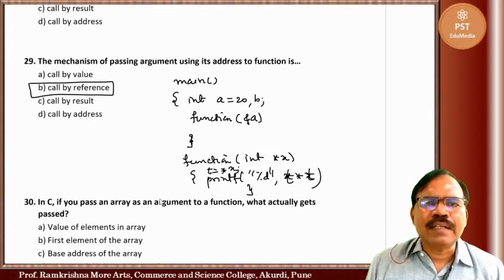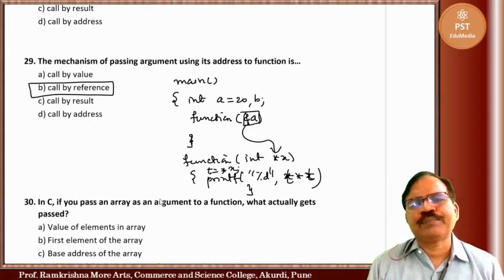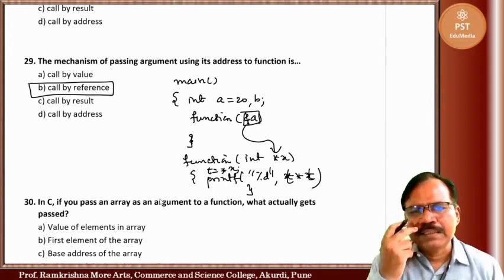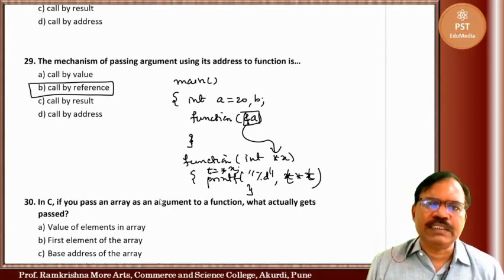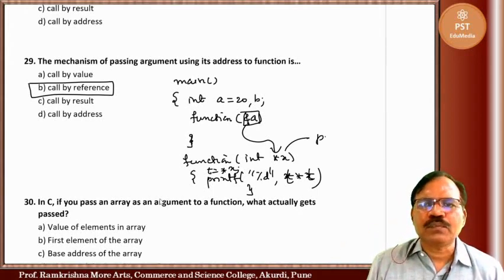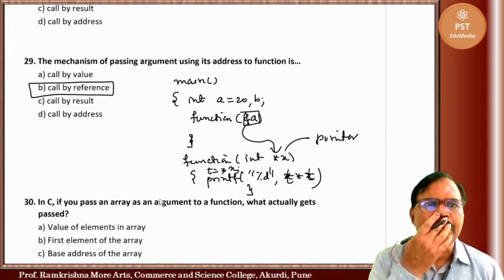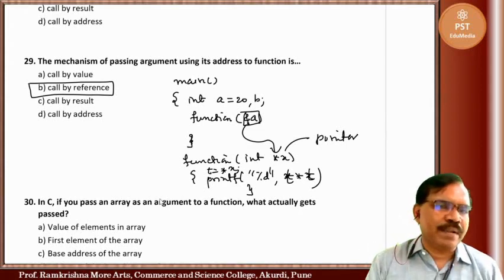So what happens here? Address of a is passed here, and that is copied in star x, means pointer x. This is pointer. So we are passing address to the function. This is called call by reference.